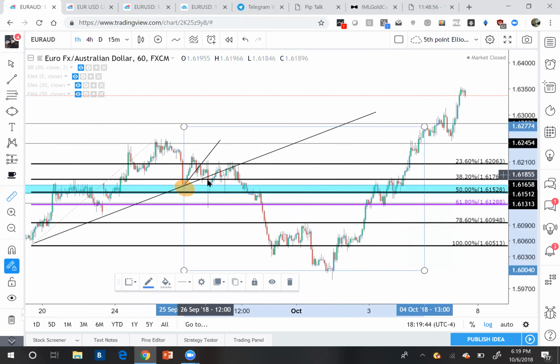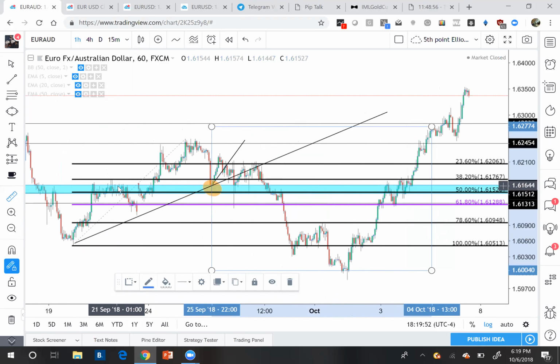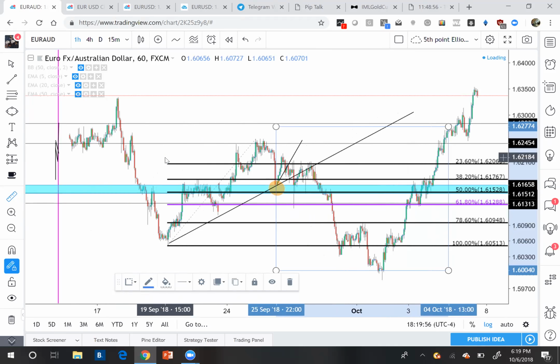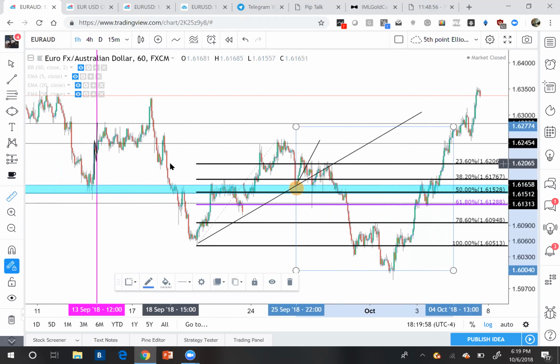And then it tried a couple of times before it actually broke down. So look at this one. This one here, it came up here, it respected it a couple of times before it broke it, right? There was rarely a situation where it just came and passed it right away, right?